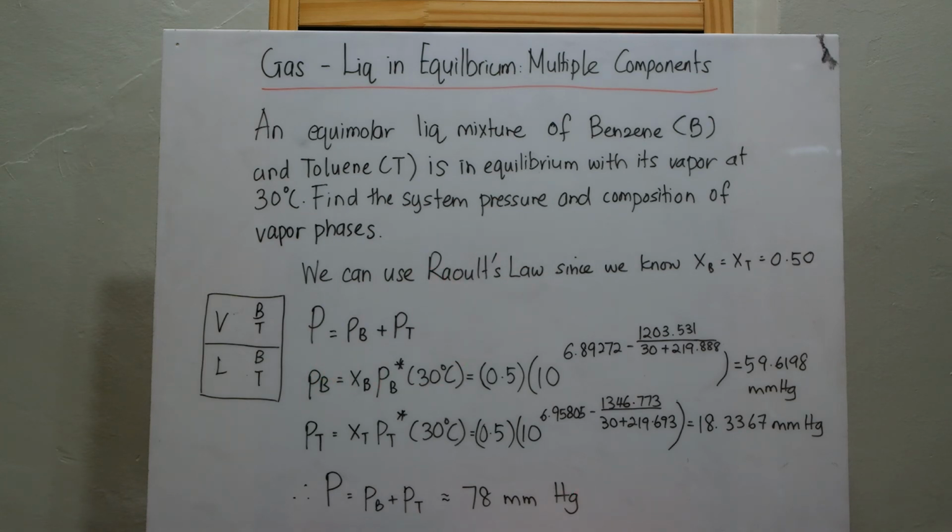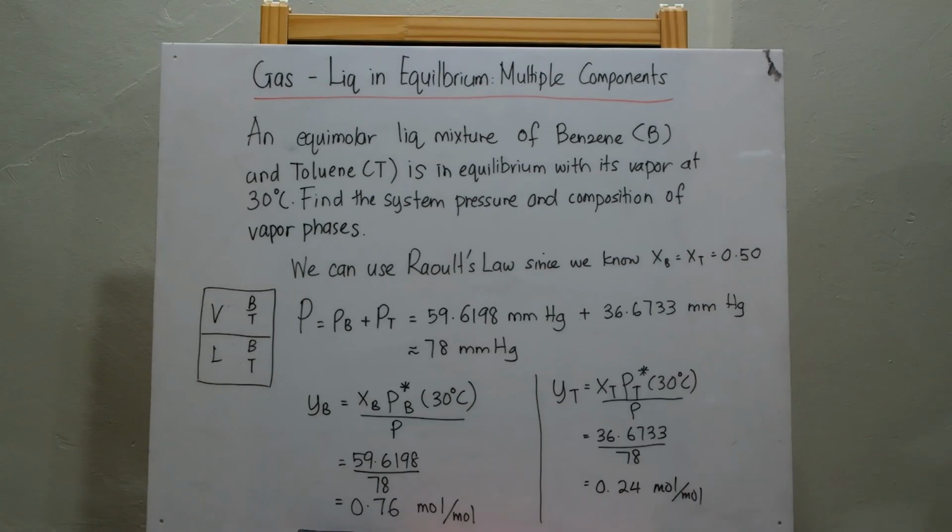Now let's find the mole fraction for benzene and toluene in the vapor phase. Let's find the composition of the vapor phase. Vapor phase, not vapor phases, only one vapor phase.